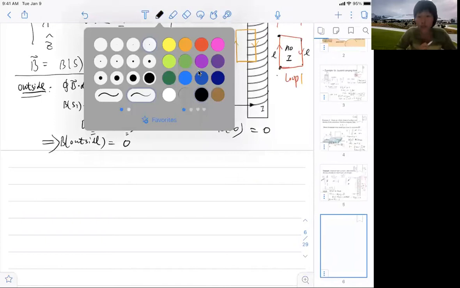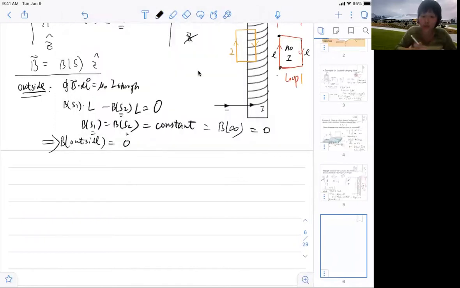The B field does depend on the turns, so the more you wrap around, the more of a B field you'll get. But we're talking about when you've already wrapped around, it's uniform across Z. No matter if you're looking here or here or here, it's the same solenoid to your eye.